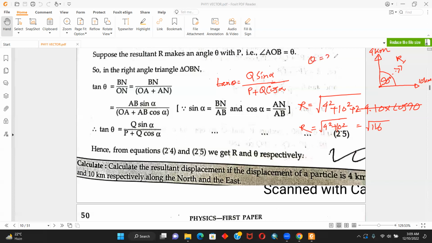Theta equals to 21.8 degrees. With respect to which one? With respect to 10 kilometer. Okay, so this much is 21.8 degrees.